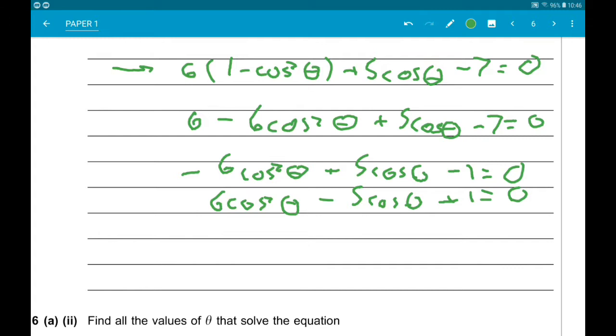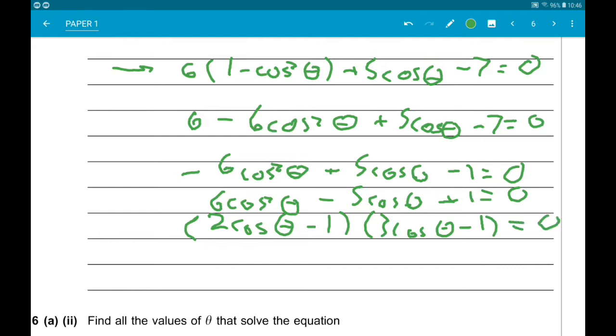And then we can factorise that to (2 cos theta minus 1) times (3 cos theta minus 1) is equal to 0.